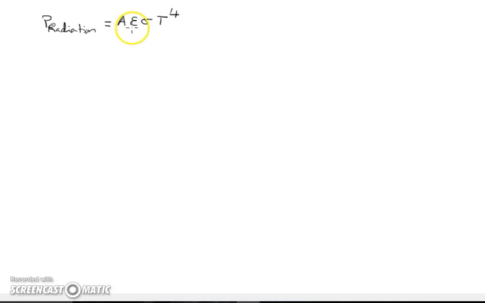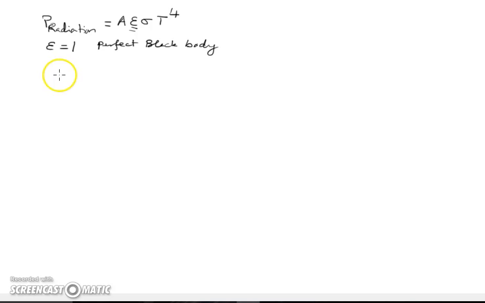An emissivity of 1 is called a perfect black body, which is kind of an ideal case. A perfect black body is an ideal emitter, but also an ideal absorber.